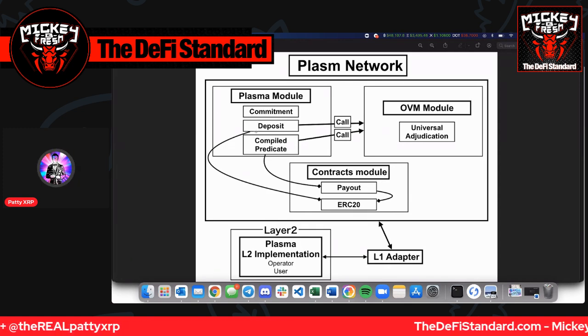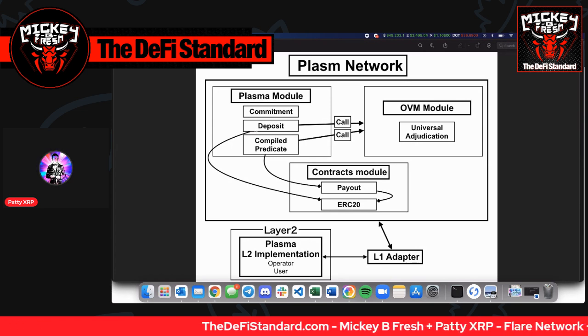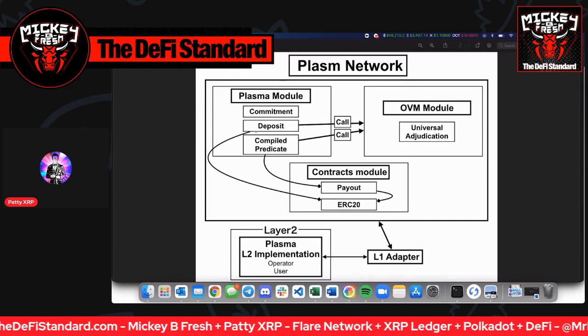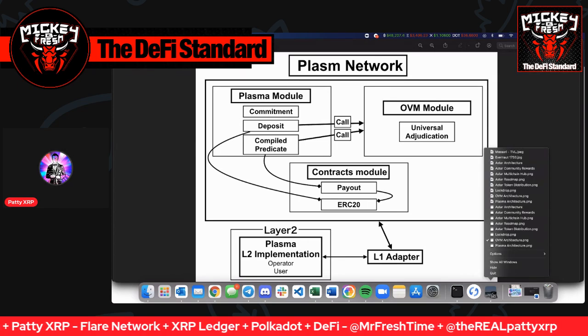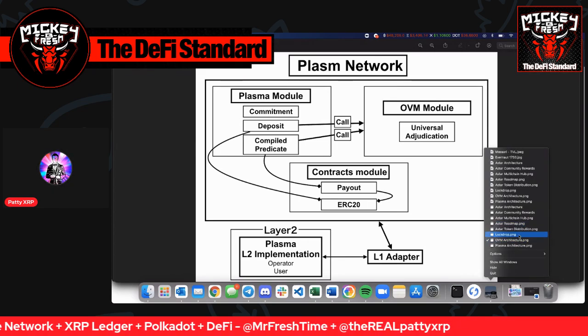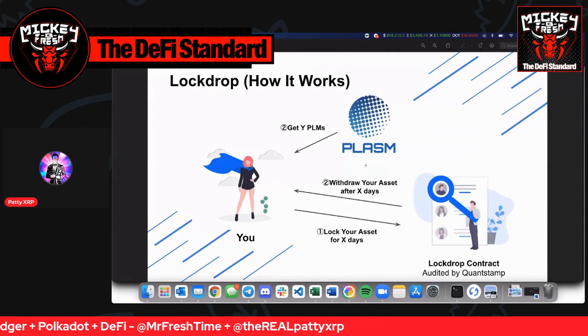You separate things into different modules, and then they can talk to each other. This can reduce the complexity of building one giant application if you break it down into a couple different components. And then moving forward from here, let's talk about what this lock drop looks like.